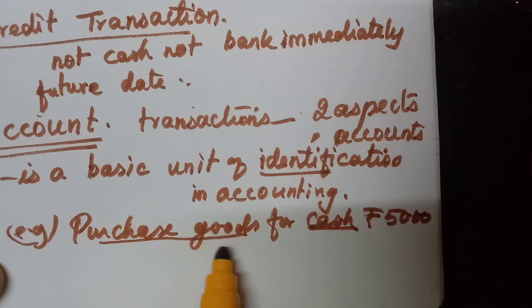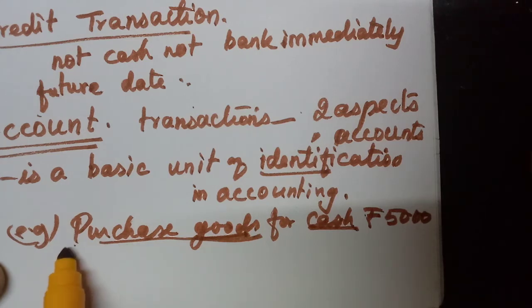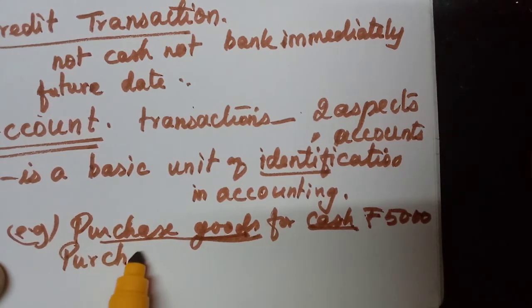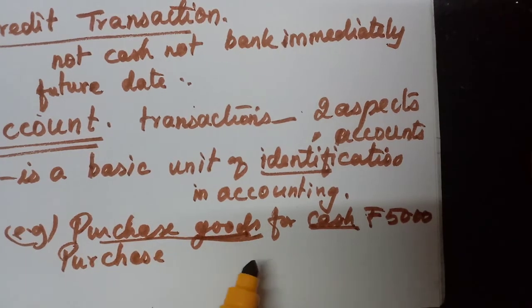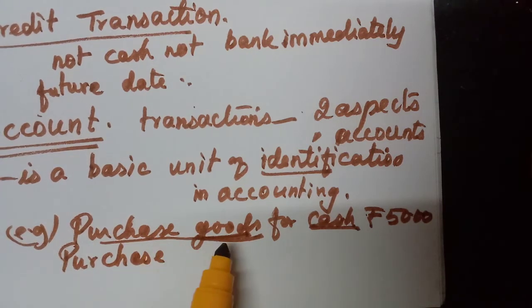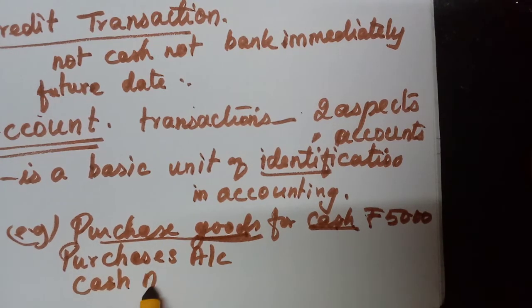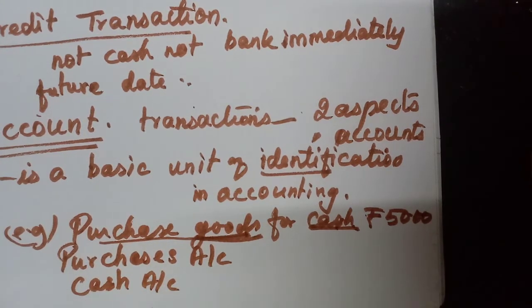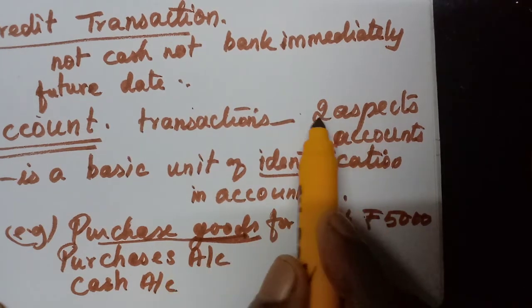But we cannot just write goods, we say purchases, because if we sell goods also it is related to goods. So differentiate between the purchase and sale of goods. If we purchase something, we write purchases. If we sell the goods, we write sales. So purchases is one account, the other account is the cash account. So these are the two accounts, two aspects.